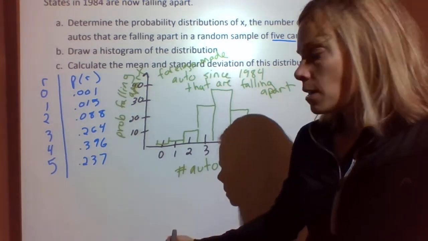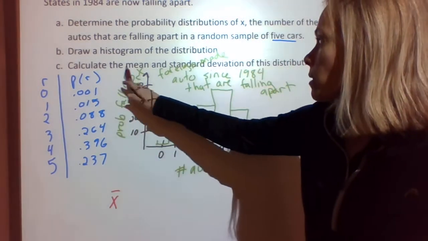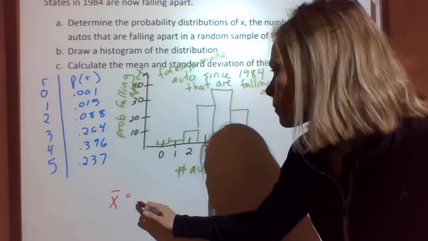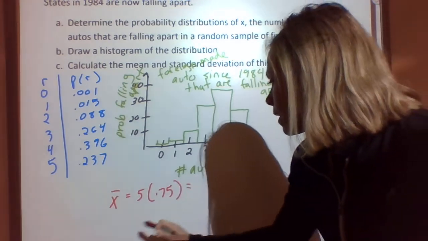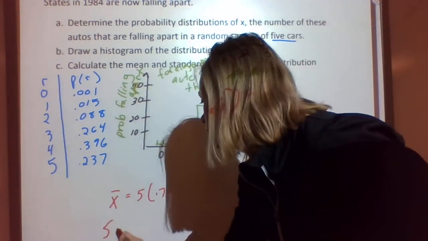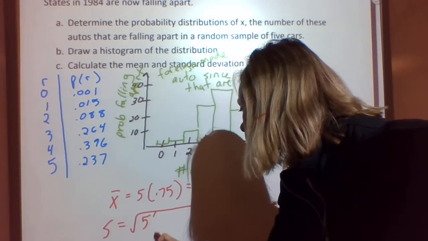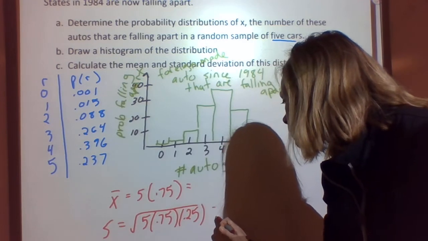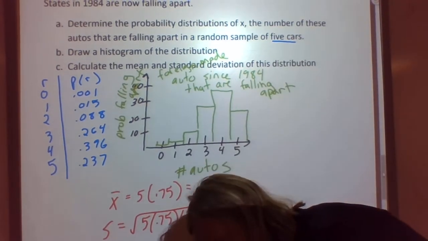The mean, then, expected value, right? Calculate the mean and standard deviation. Mean would be np, which would be 5 times 0.75. And my standard deviation would be the square root of 5 times 0.75 times 0.25. Right? Because if p is 75, q would be 25.